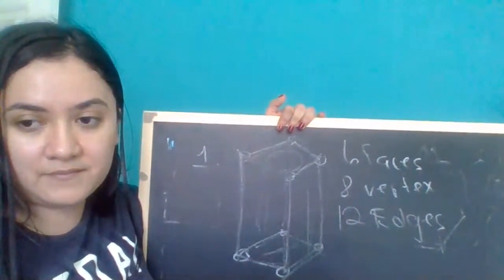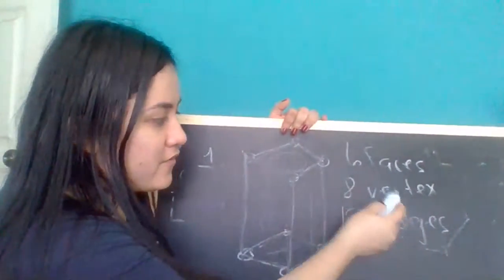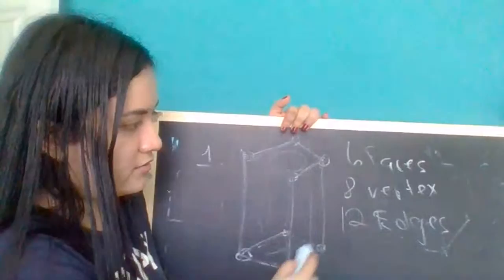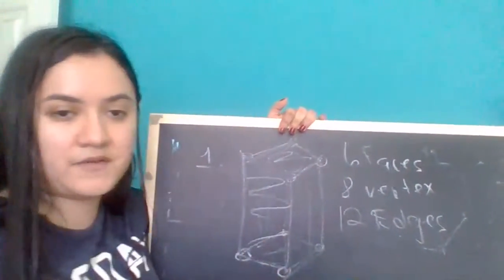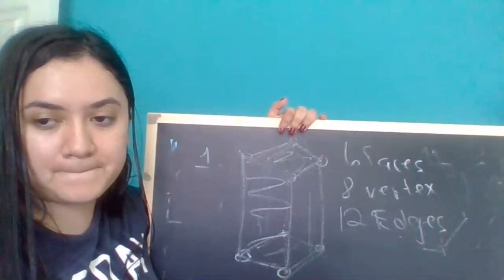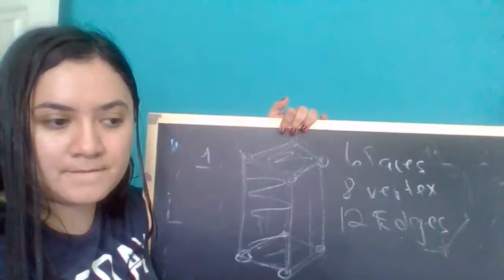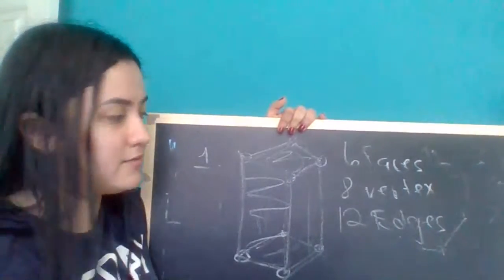Do you see? We have 12 edges, 8 vertex that were each corner, and we have 6 faces that are all of the faces of the figure. Got it? Okay.